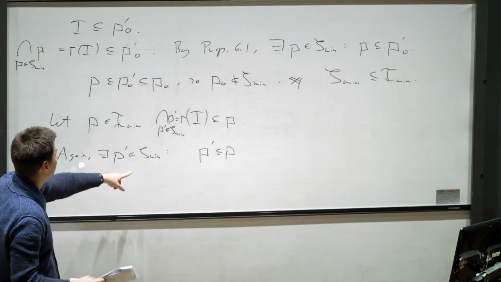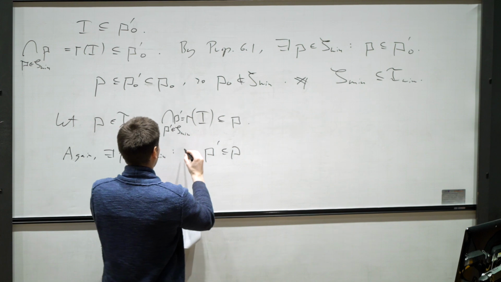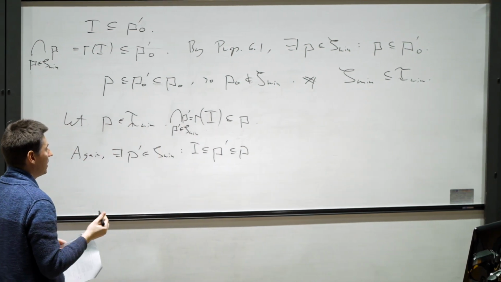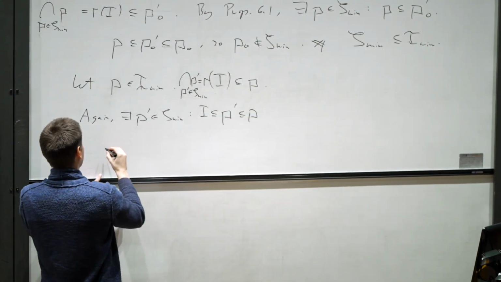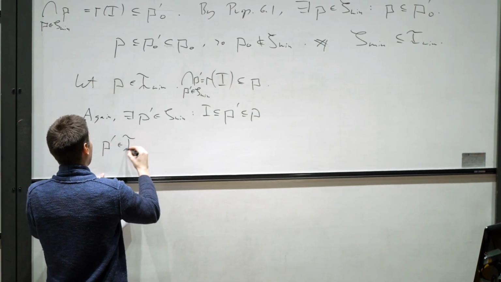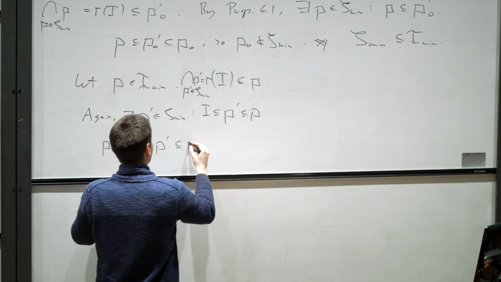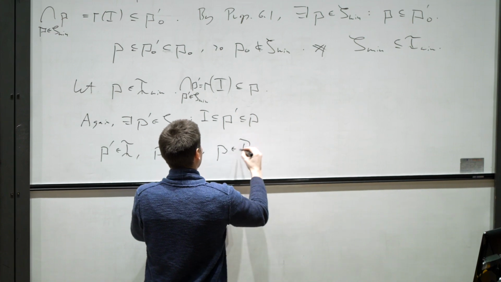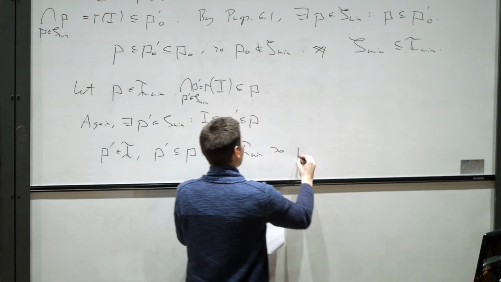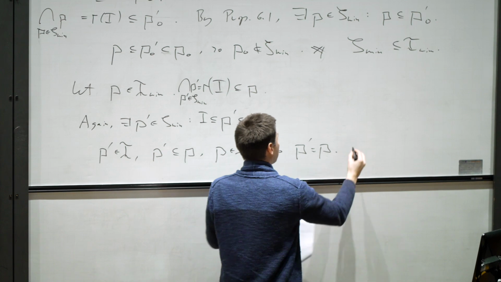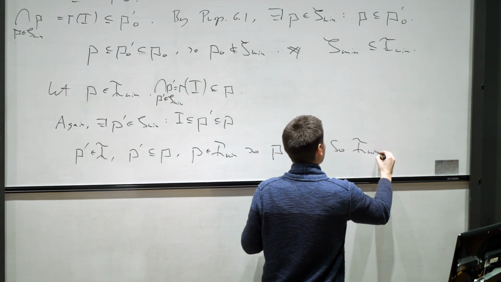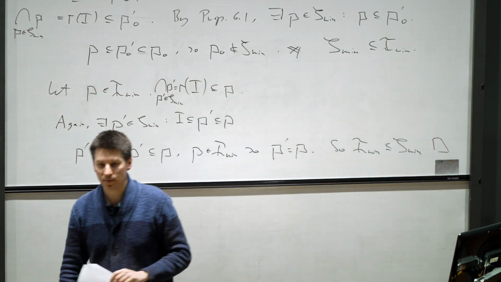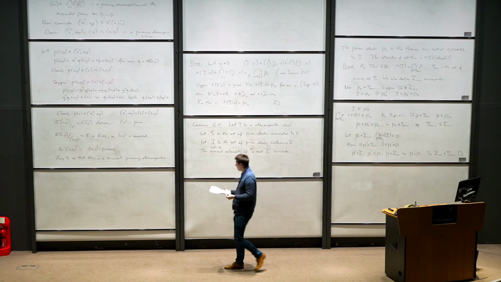But now P is a minimal guy, so that means that P prime is in I. P prime is contained, but not properly, in P. P is in I min, so P prime is P. So I min sits inside S min, and we're done. So these two minima coincide.